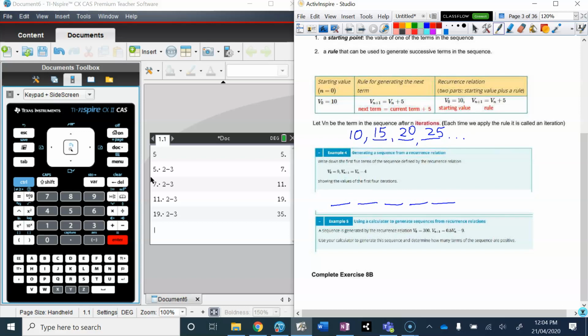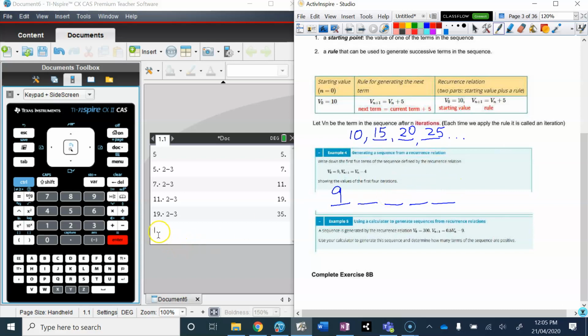So reading the recurrence relation, I know that V0 equals 9, so that means the first term of the sequence is 9, and then the rule to find the subsequent values in that sequence tells me to take the previous term or the current term and subtract 4. So 9 take away 4 will give me the second term. Then I take away 4 to give me the third term, take away 4, and so on.